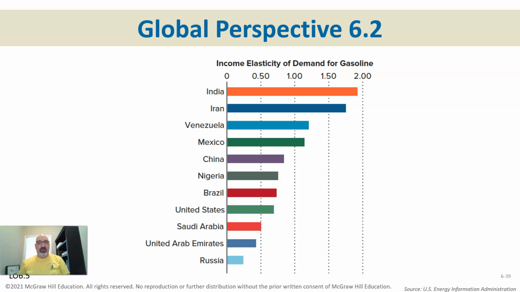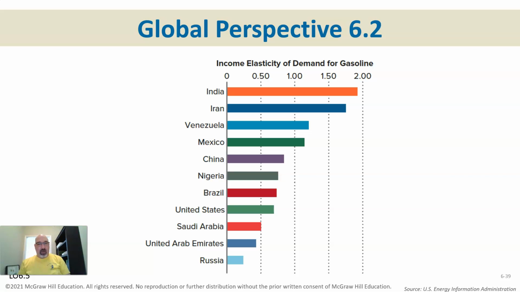So, global perspective, income elasticity demand for gas. India, almost 2. Iran, about 1.75. Venezuela, about 1.1, about 1.15 or so. Mexico, about 1.1. China, about 0.8.